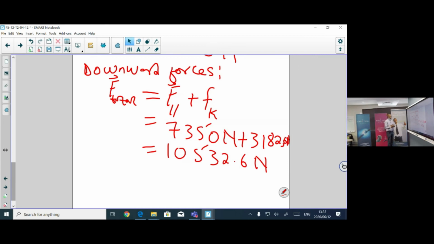This is the total of all the forces opposing the motion.